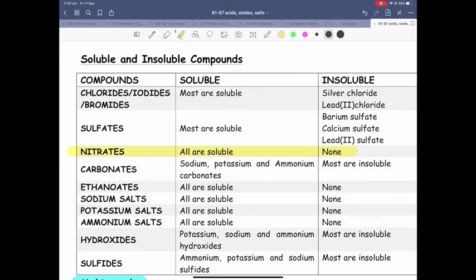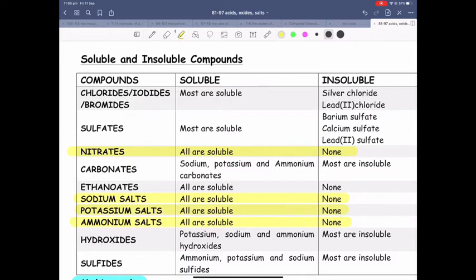Okay? Another useful one to know is all sodium compounds are soluble. So whenever you come across a sodium compound, then you know it's going to be soluble, right? And likewise for potassium compounds and ammonium compounds.